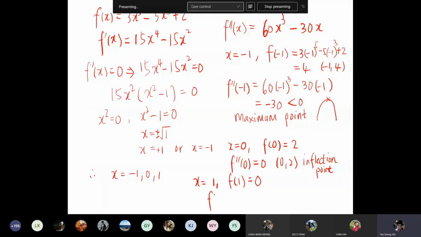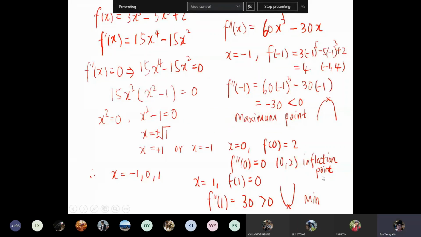And substitute into the second derivative. I will get 1 here, 1 here, so I get a positive answer. So this is more than 0, so concave up. This is a minimum point.